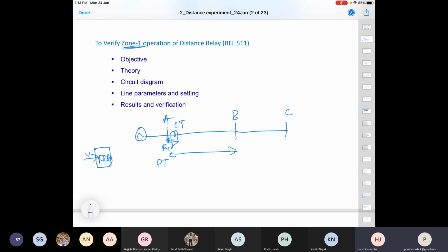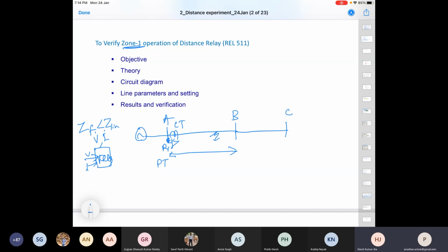Agree? From this current and voltage information, the relay computes the voltage phasor and current phasor and finds the corresponding impedance. Whenever a fault happens, this impedance will be smaller than the line impedance and the relay trips.